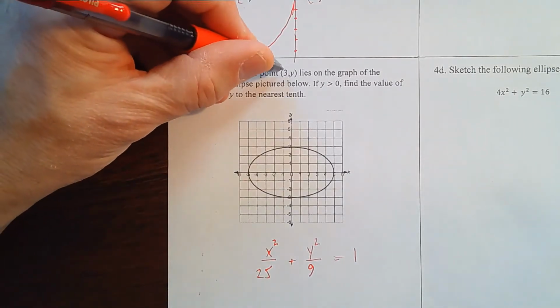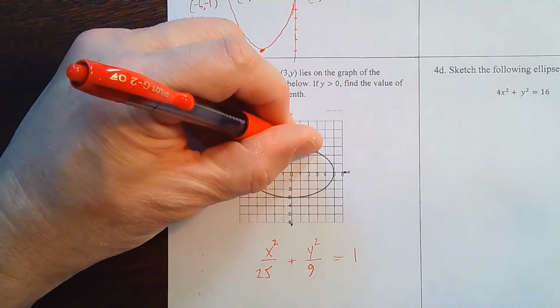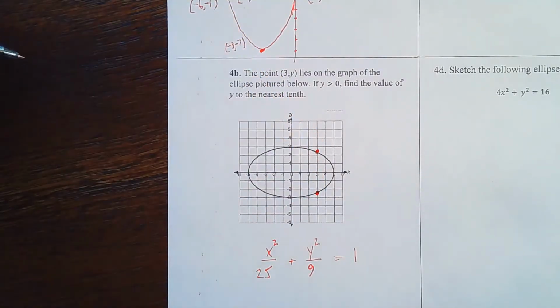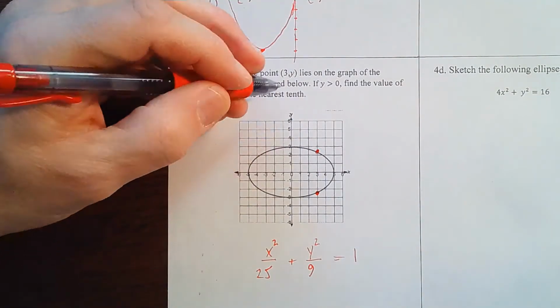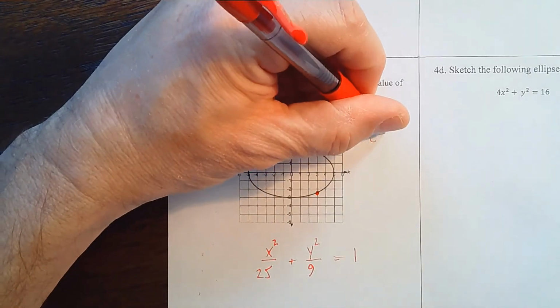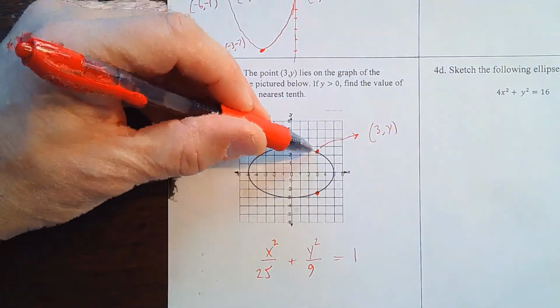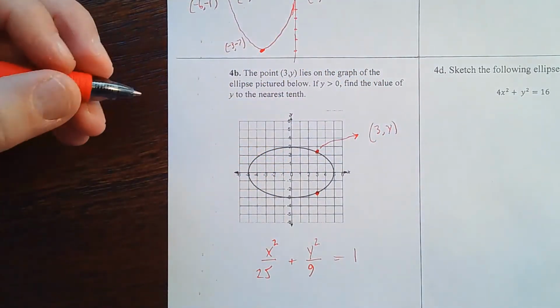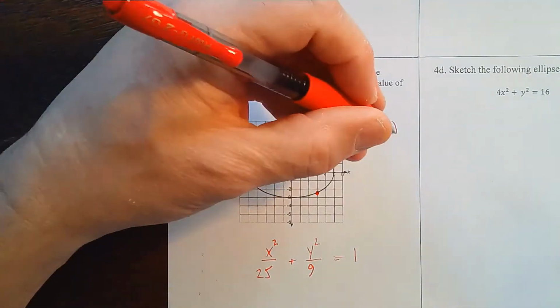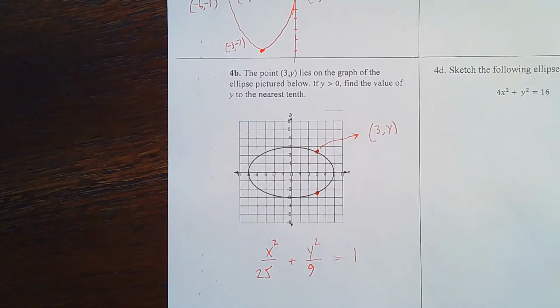Now, there's a point 3, y. Well, there's 2 points 3, y. You can see me drawing them in there. But y is positive, so that means we're going to be looking for the y coordinate of that point there. All right, a really, really important point. When you have an equation and you have a point on the line, even if you don't know all of the coordinates like here, plug the coordinate point into the equation if you don't know what else to do.